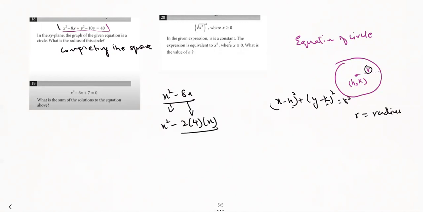This middle term would be written like this, and we would be adding another third value that would be 4 square. So that means we would be adding 16. Is it clear? Yes. So if I am adding 16 on this side, I would be adding 16 on the other side as well.